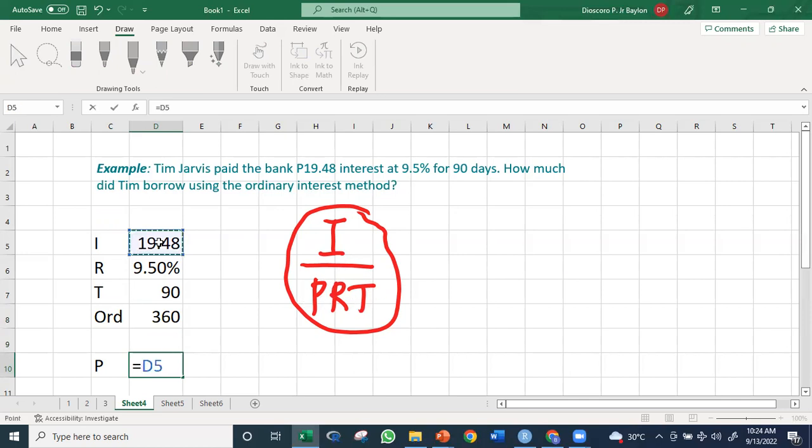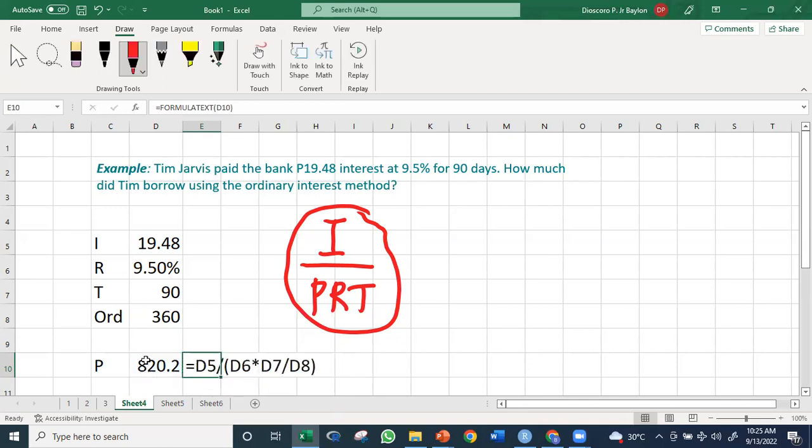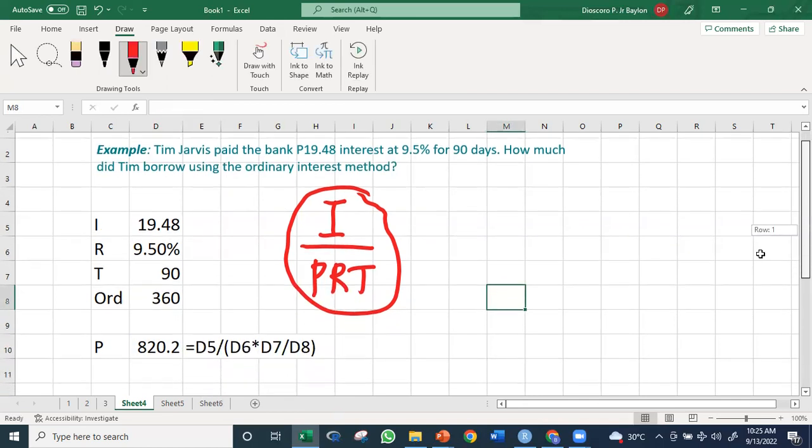So we're given the interest divided by the product of R times time. Now take note, R is annual, therefore your time should also be annual. So if you're given 90 days, you have to divide this by the number of days per year. Since it's ordinary, we're using 360. Okay, so enter. Therefore, the principal was 320.50.